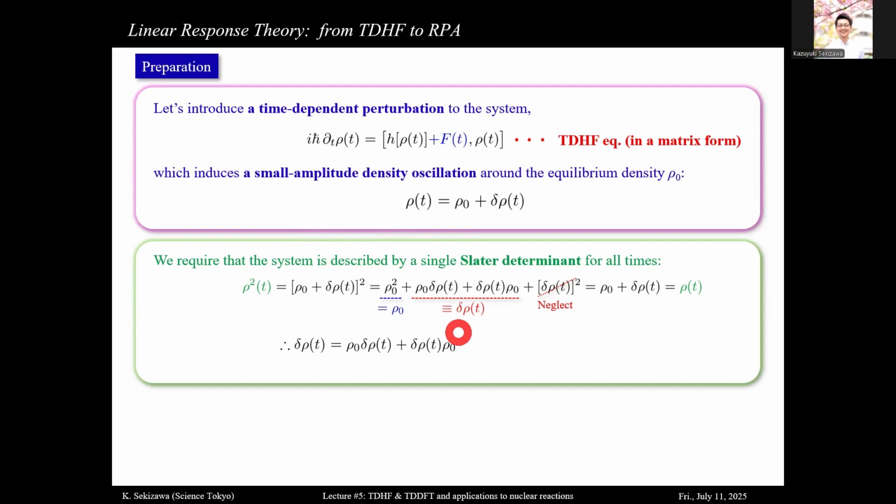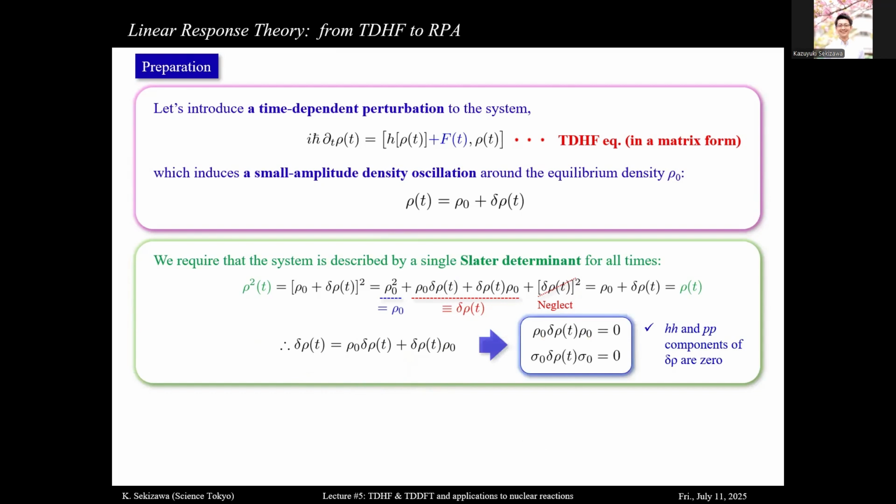So this is a requirement to be a Slater determinant after the time evolution. So delta rho must be equal to rho 0 delta rho plus delta rho rho 0.